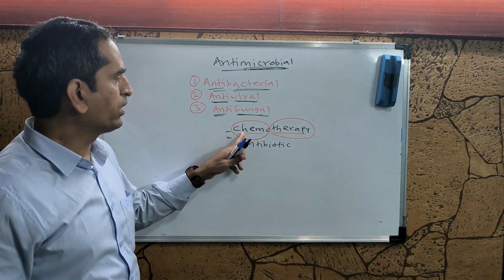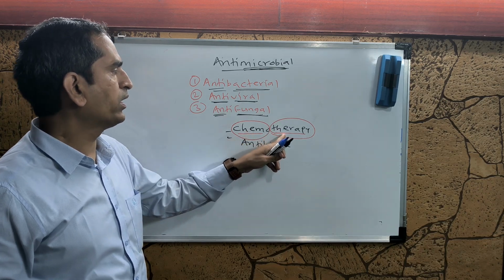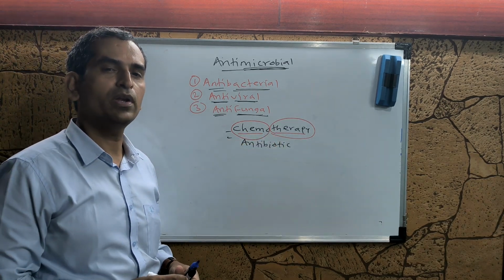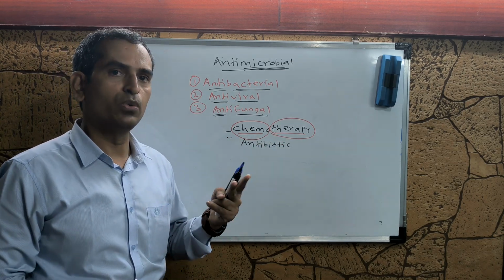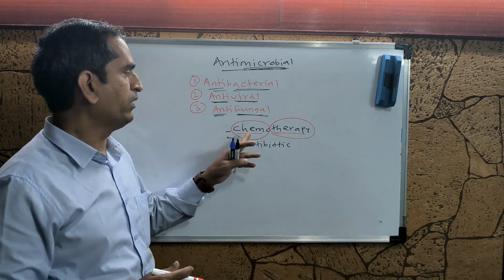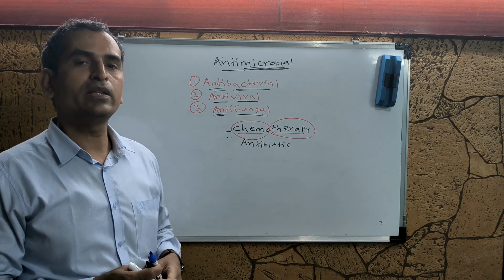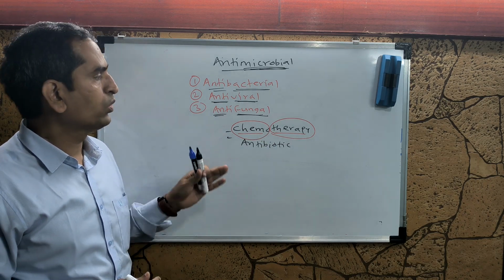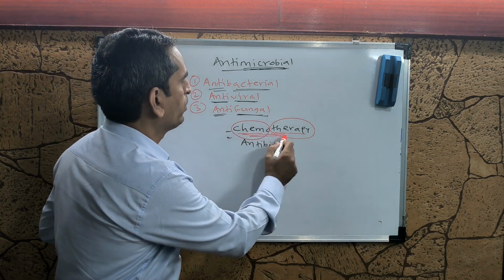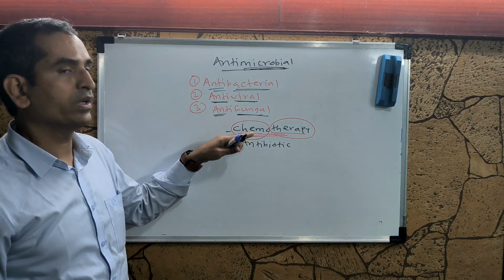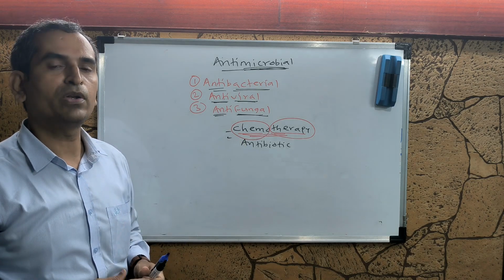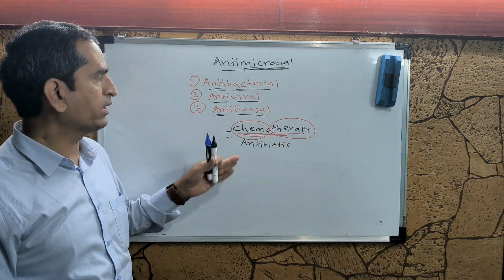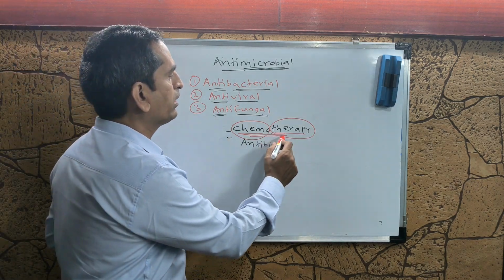So use of chemicals or drugs for the treatment of certain diseases is called chemotherapy. Now chemotherapy is used for two types of diseases. One is infections and second is cancer. Initially the word chemotherapy was used for the treatment of infections, but now it is more commonly used for the treatment of cancer. So anti-cancer drugs are also termed chemotherapy.